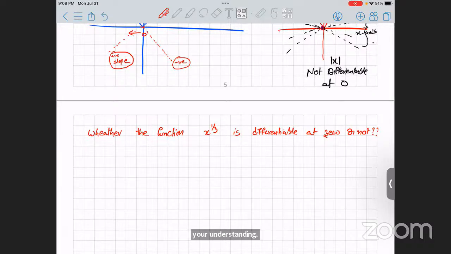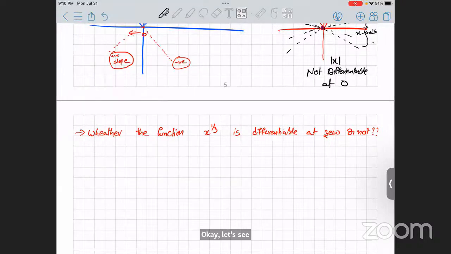Yes, sir, it is differentiable. Are you sure? No, sir, it is not differentiable. Please explain.